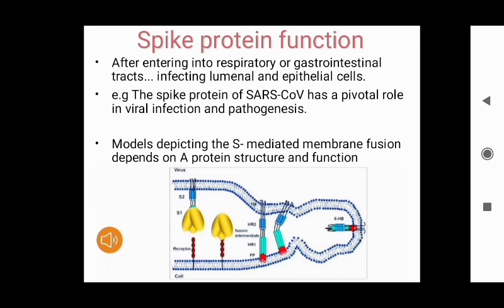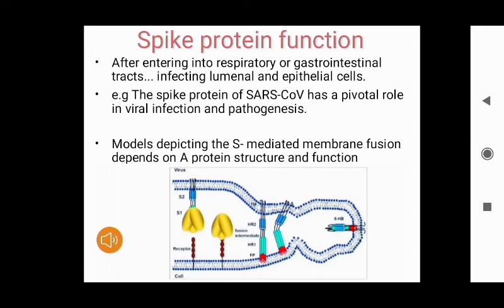Models depicting the S-mediated membrane fusion event have extended from knowledge of S protein structures and functions. In part, these models are deemed reasonable because the post-fusion 6HB conformations in SARS and MHV S proteins are so strongly similar to post-fusion forms of influenza HA2, paramyxovirus F2, Ebola virus GP2, and HIV gp41.